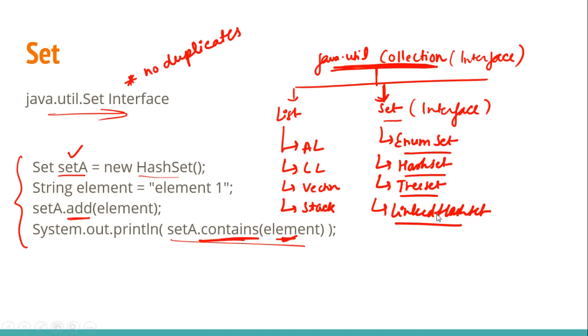So that is how you implement generalization and specialization, correct? So all the methods that are common to all these interfaces are part of the collection interface. Then all the methods or functionalities that are common to all the sets are part of the set interface. And then specialized implementations are part of these individual classes. Now these are all classes. Okay, enum set, hash set, tree set, linked hash set. Okay.